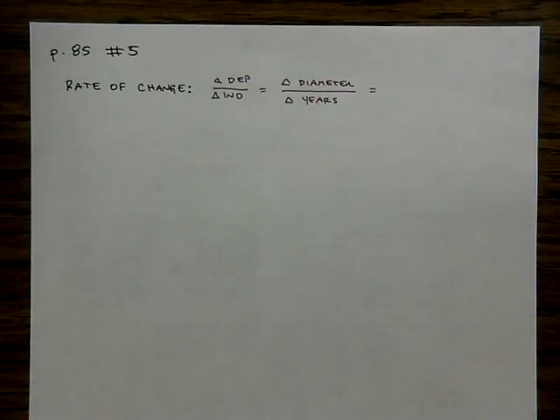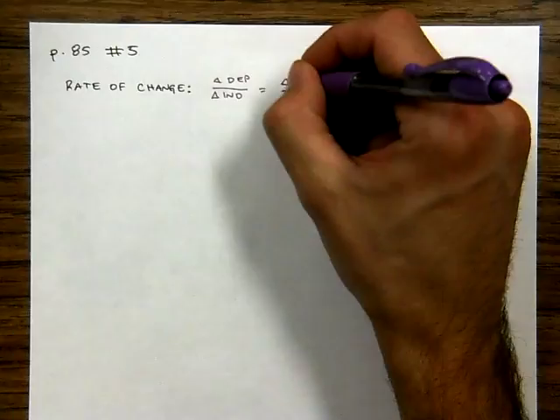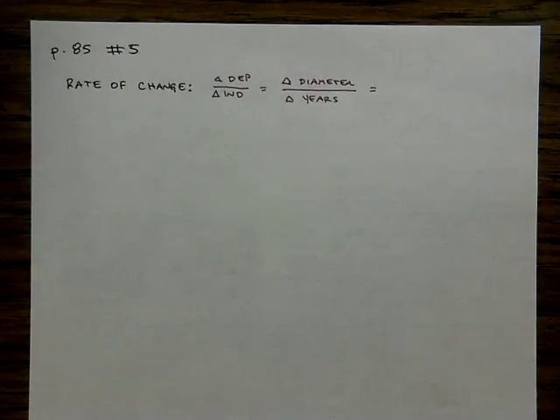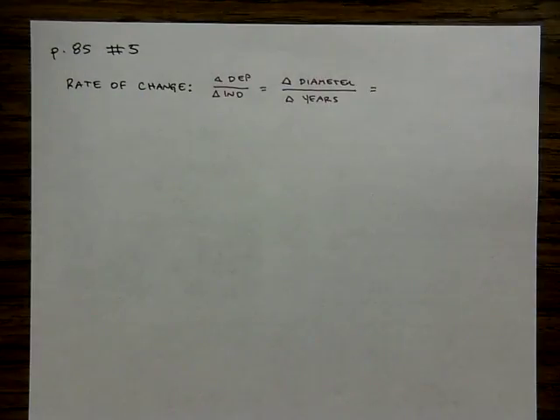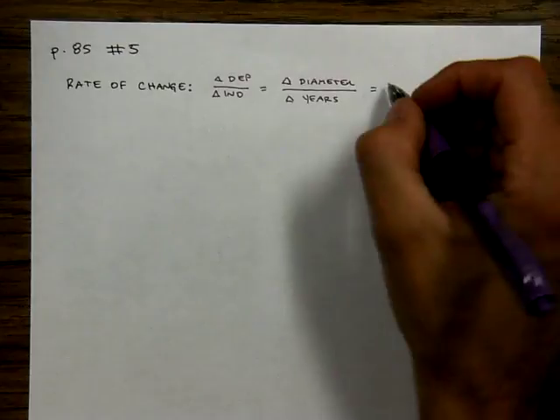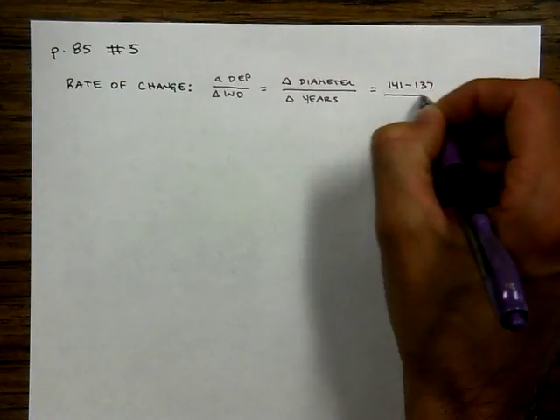Now again, remember that change is always going to be subtraction. So for these, I always start where you end and I work my way backwards. The last part ended in 2005, and it ended with 141 inches. So 141 inches minus 137 inches.